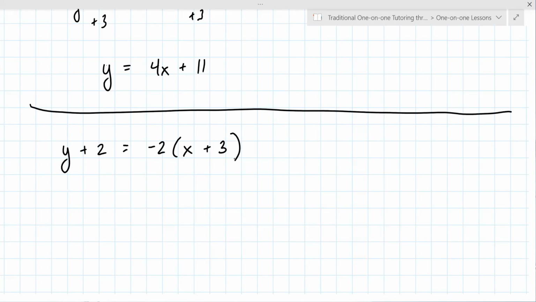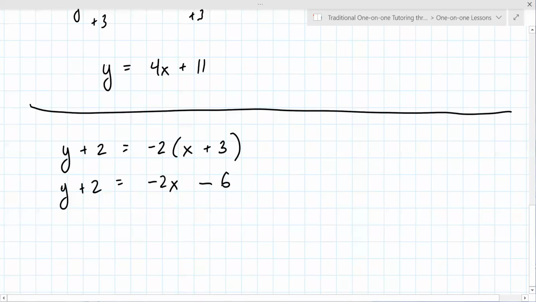All right, so I'm going to write out the first line, and you can take a look. Okay, I think I know the answer. y equals negative 2x minus 8. That is correct. y equals minus 2x minus 8.